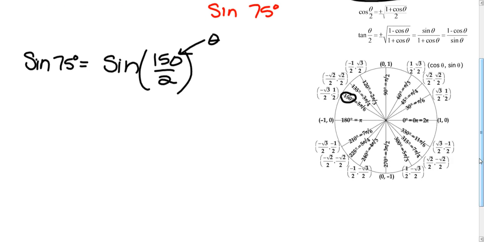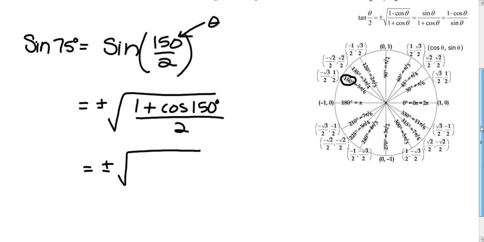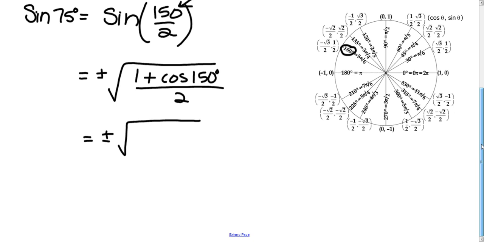So this becomes plus or minus the square root of 1 plus cosine at 150 degrees over 2. Now you're going to go to your unit circle, to 150 degrees because you have that spot. Cosine is your x value at 150 degrees. So I look here. My x value is negative root 3 over 2.